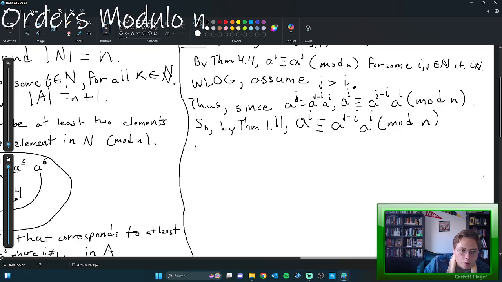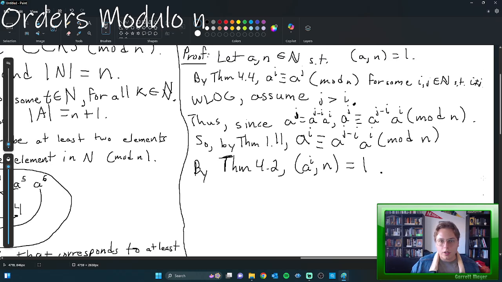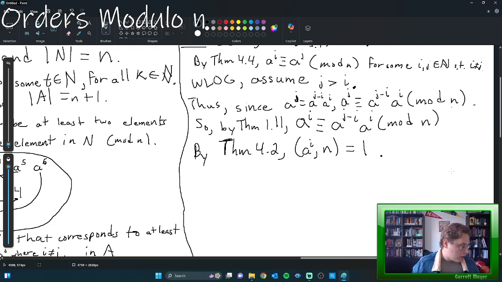And by theorem 4.2, which was the first one we proved, we can see that the GCD of a to the i and n equals 1, since the GCD of a and n equals 1.